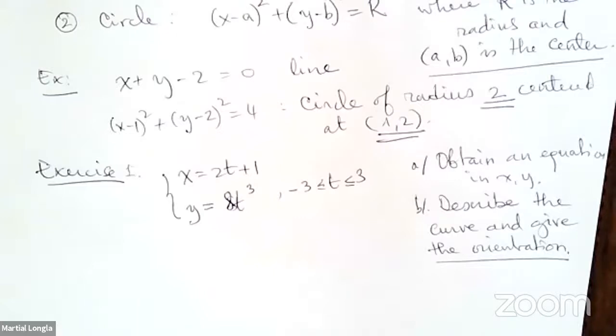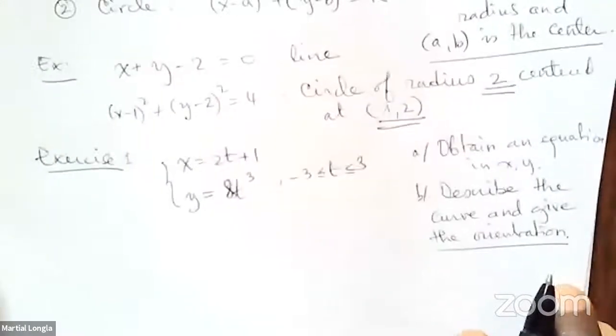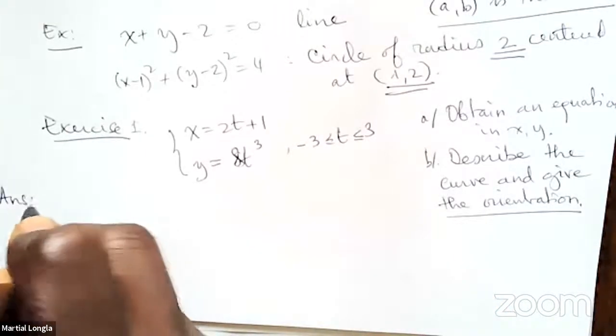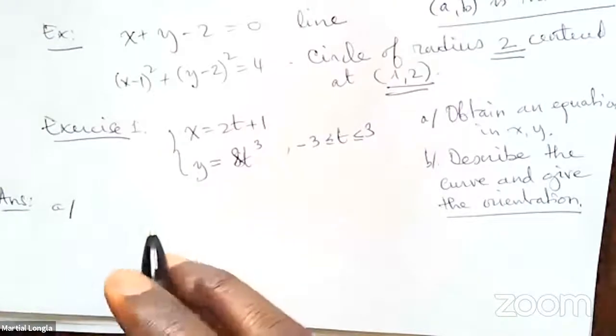Anyone with something to share? Nicholas? Yeah, I could share. All right, go on. So what do we do for A? So the first thing I did for A was I solved for x. So I set x equal to 2t plus 1, and then solved for t, well, x minus 1 is equal to 2t.